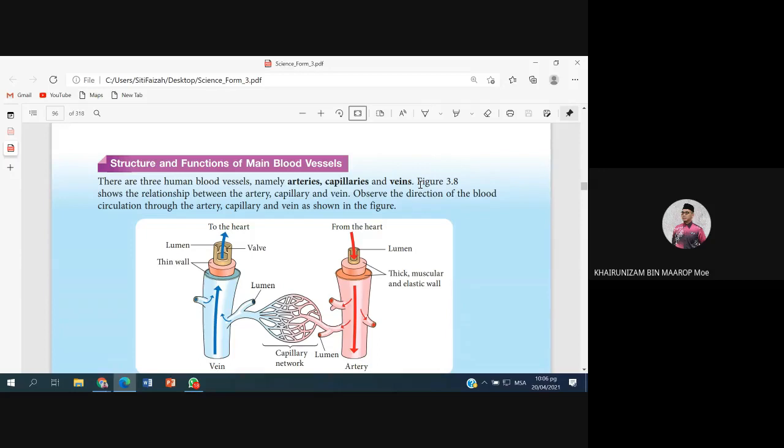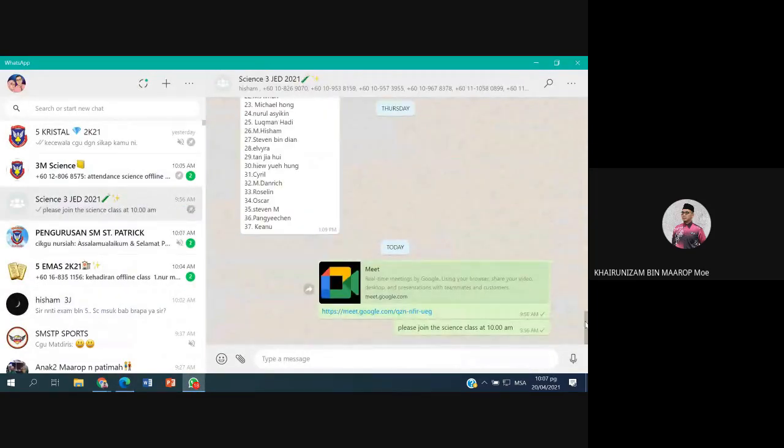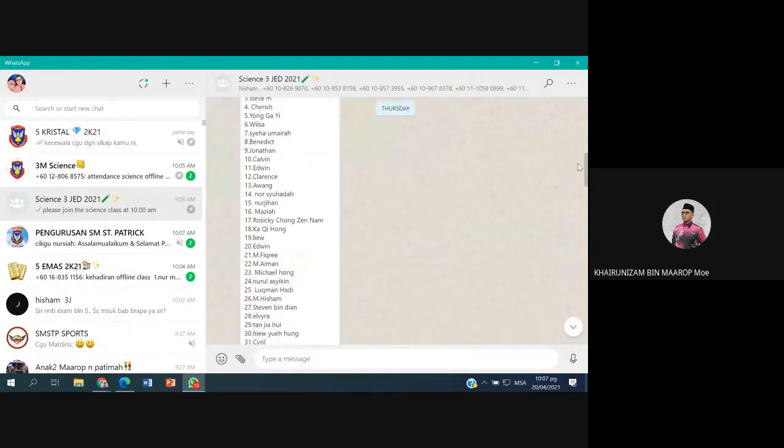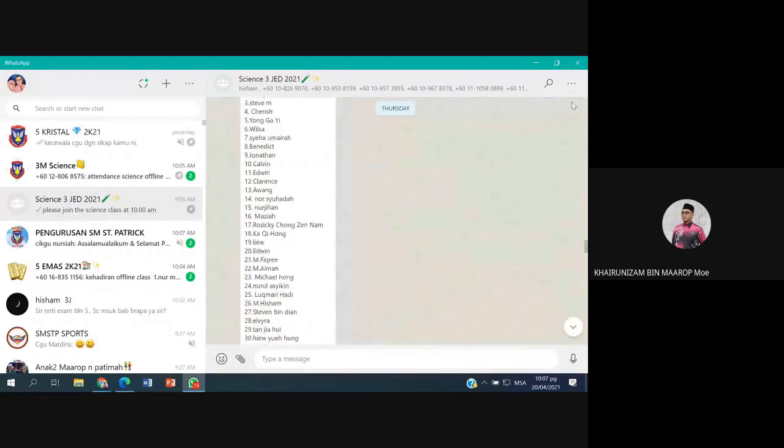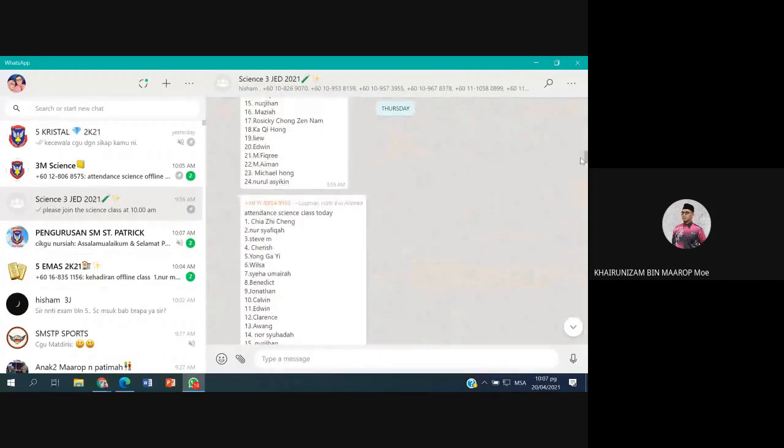Here is the structure and function of the main blood vessels.